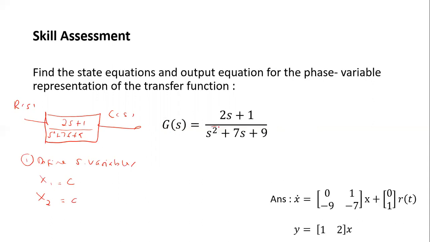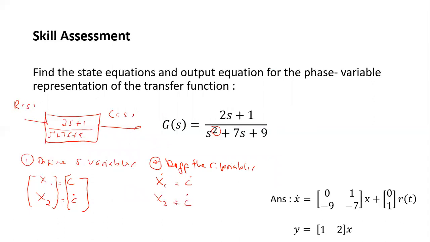Since we have s to the power of 2, we know that we're going to have two state variables, x1 and x2, c and c dot. The second step is we differentiate the state variables. So x1 dot equals c dot, and x2 dot equals c double dot.